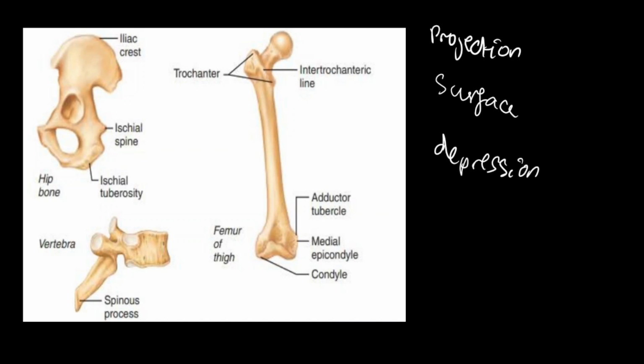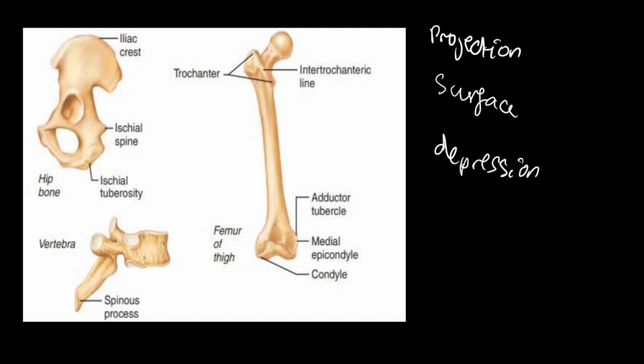Certain parts of the bones are depressed, kind of deepened as compared to the rest of the bone. It could also be an opening for a blood vessel or a nerve, as the case may be. We'll be considering in total about 9 or 10 of these bone markings in this video.